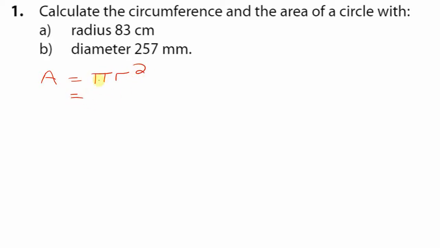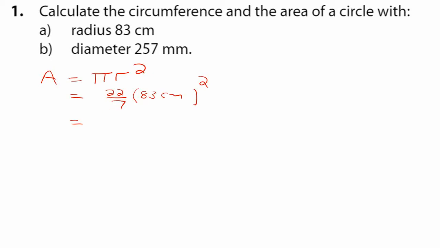So we could now replace pi by 22/7. The radius is 83 centimeter. We still need to square it, so it's simple substitution.